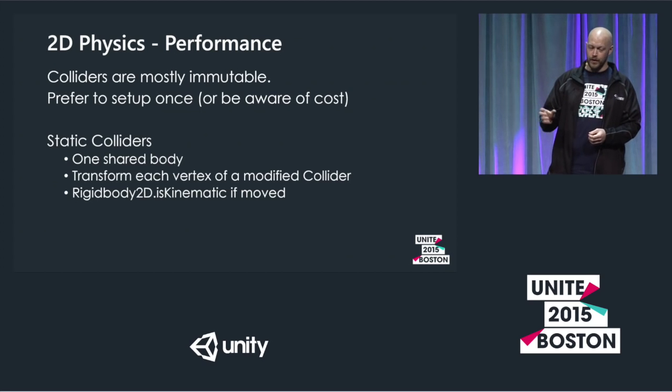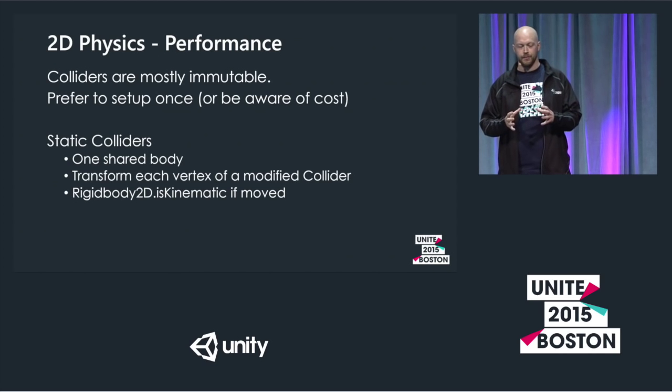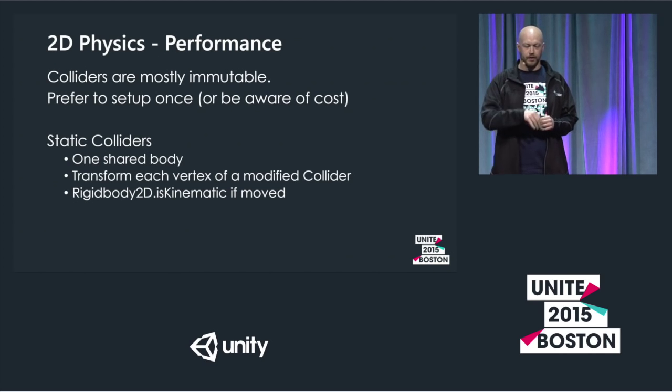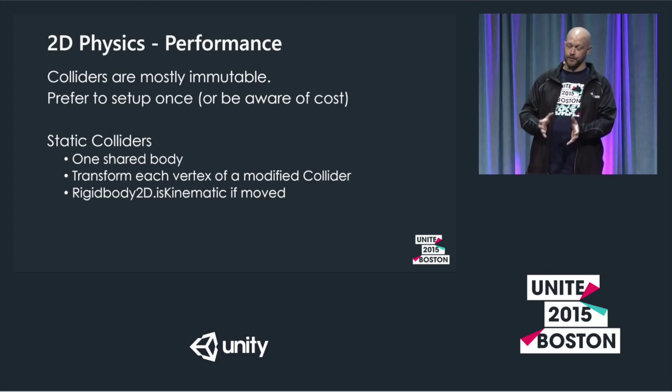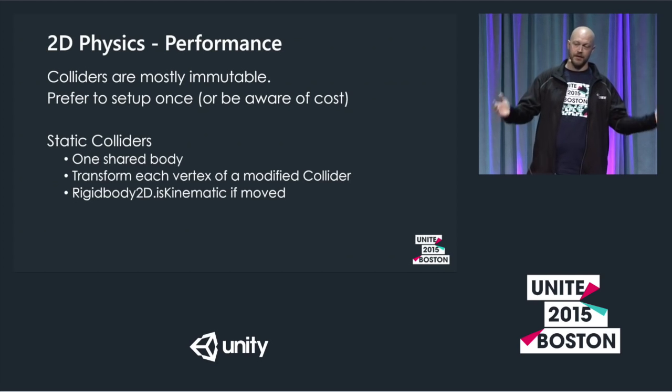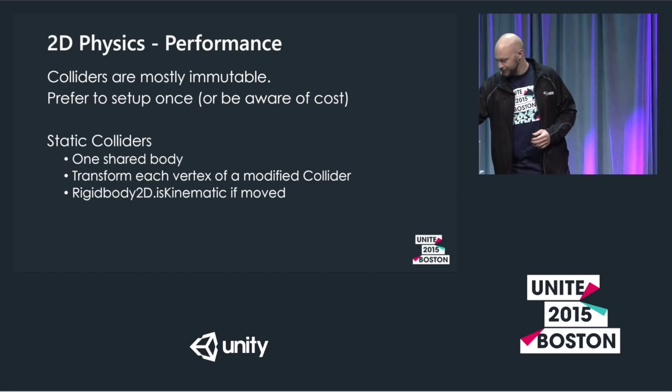But if you want to move objects, you should really attach yourself a rigid body 2D and make it kinematic. And this also happens every time you put in a new static body, then we transform all the vertices. And the reason we transform it is to make the collisions even faster. So if you start touching it, then we lose that advantage.